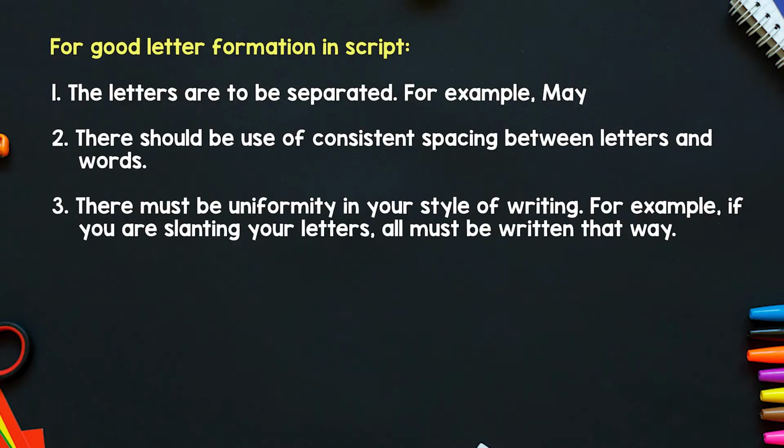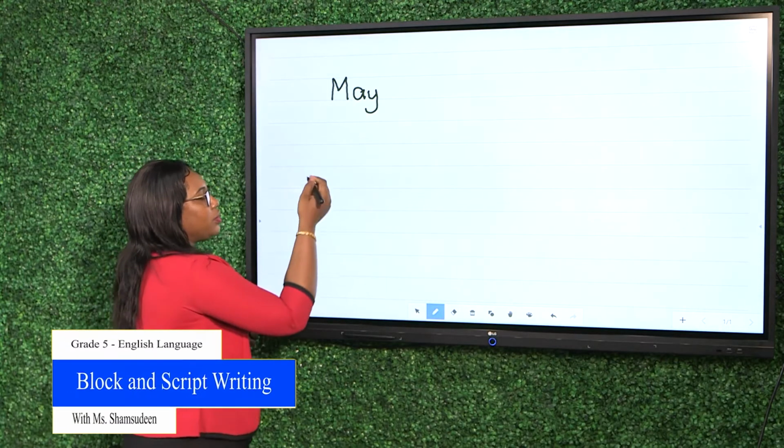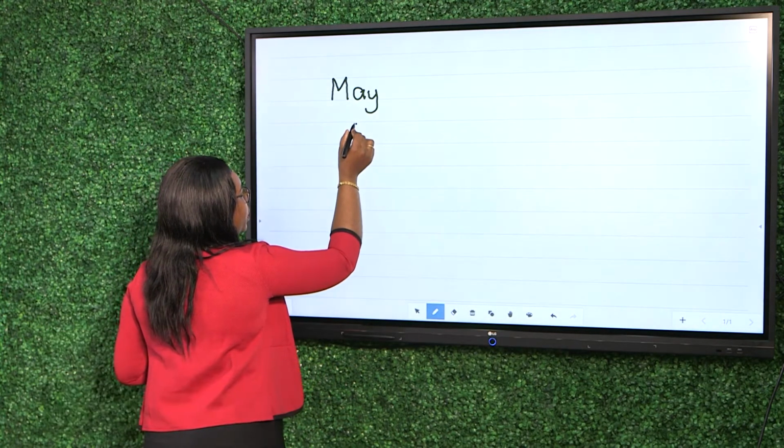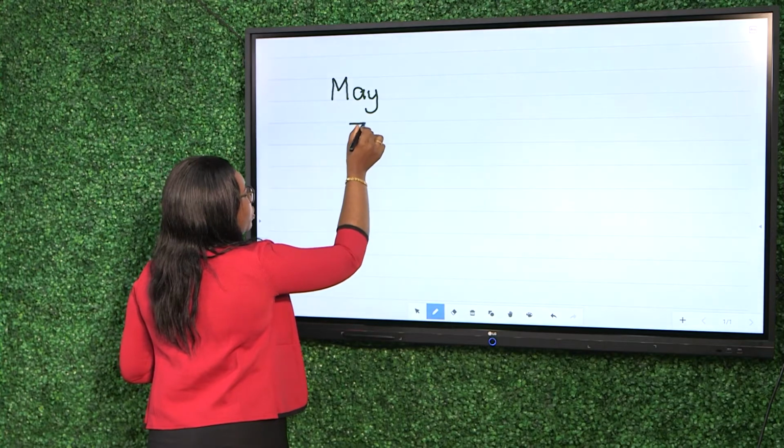Then we can talk about uniformity in the style of writing. What do I mean by uniformity? It simply means that you must have a particular style of writing. So let's say that you're accustomed to forming your letters in a slant formation. Let's try the word June. Now there you see that the J has a little slant.